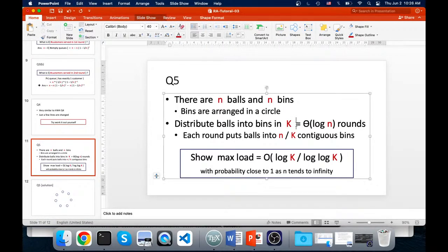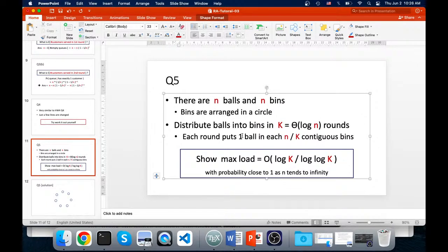So here we are going to put one ball. Okay, so this is exactly what is happening.